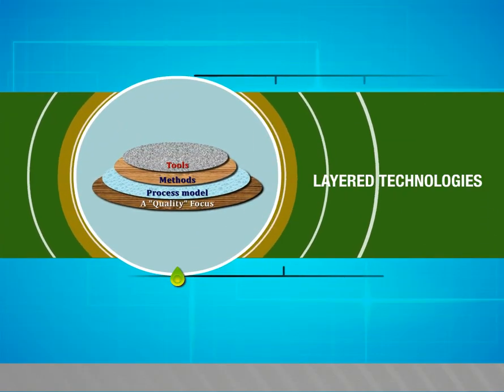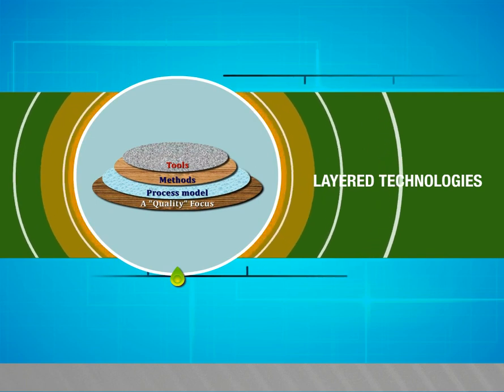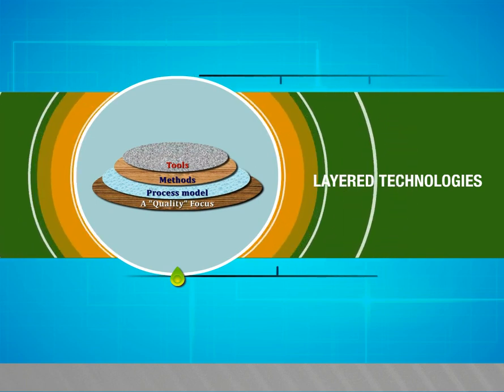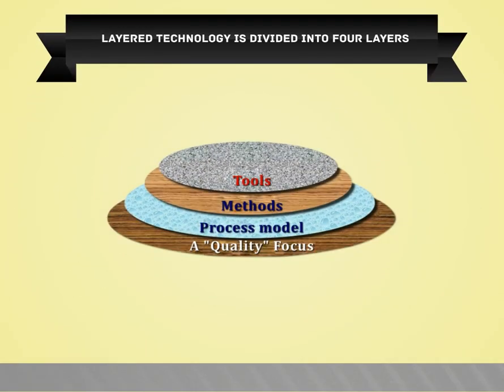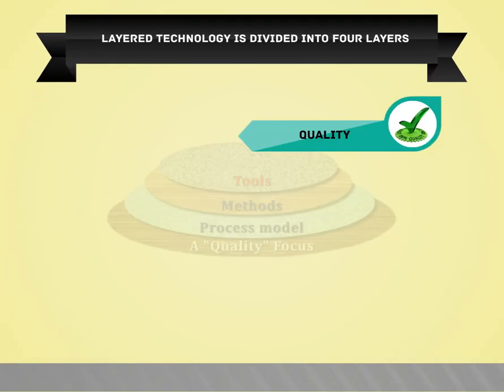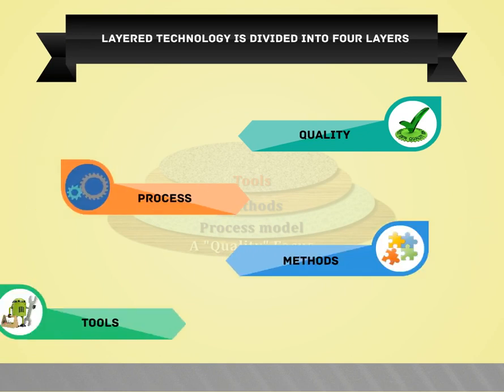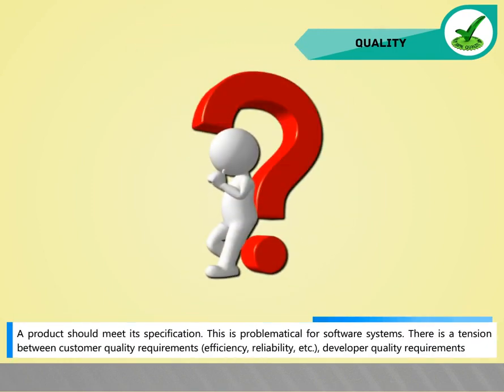Layered technologies. In this video, we are going to see about layered technologies. Layered technology is divided into 4 layers: quality, process, methods, tools. Quality. A product should meet its specification. This is problematical for software systems.